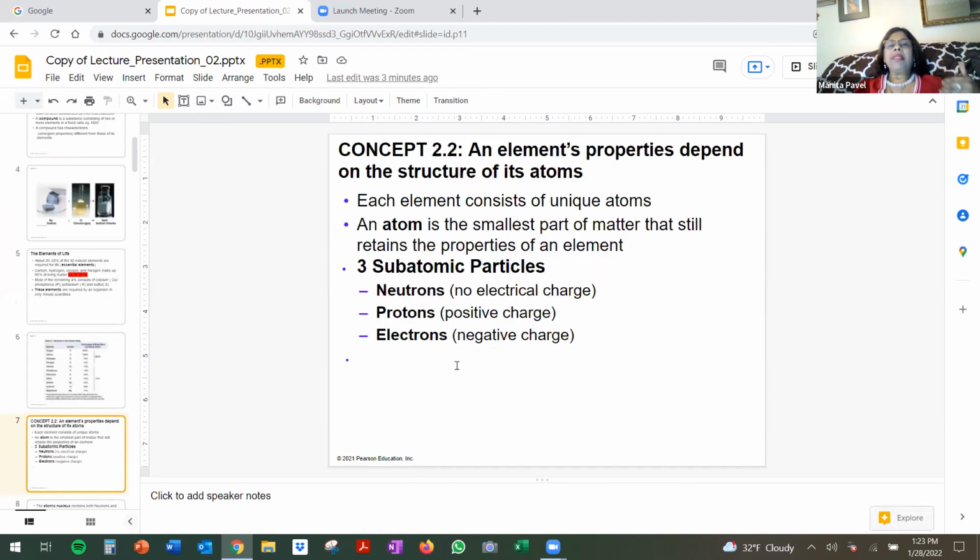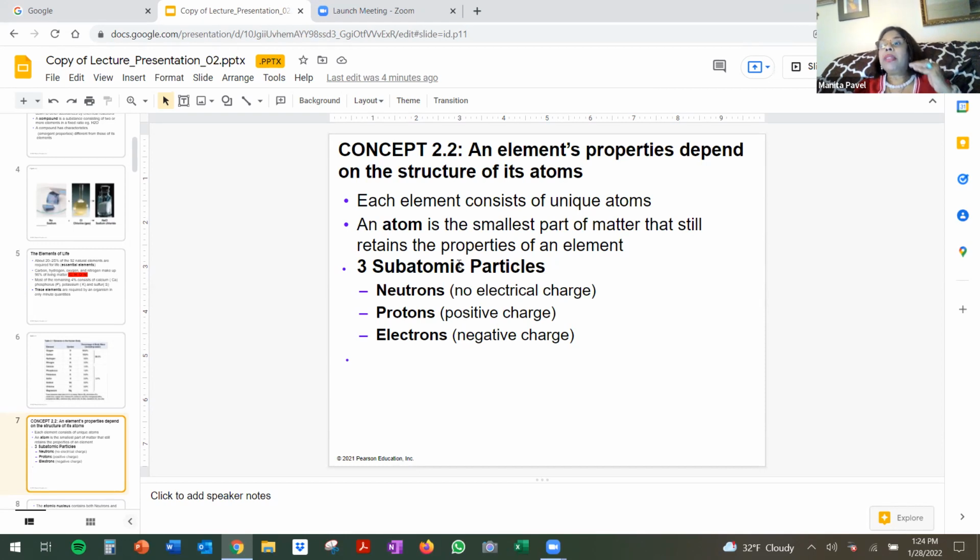So we come to the next slide, 7. So now we're looking at what then is an atom. An atom is the smallest particle of an element that has the ability to retain the properties of that element. So all those elements that we talked about, carbon, hydrogen, oxygen, nitrogen, sulfur, phosphorus, sodium, chlorine, they are all existing in an atomic state.